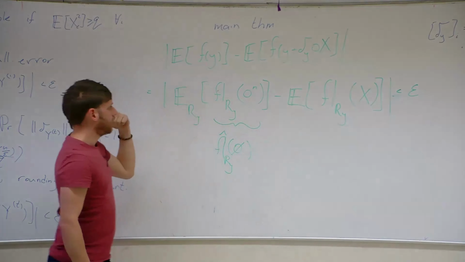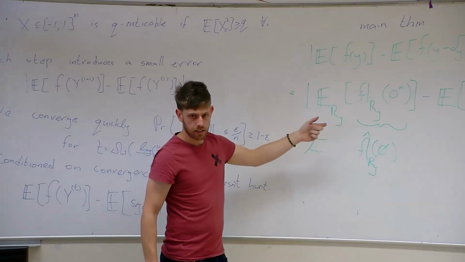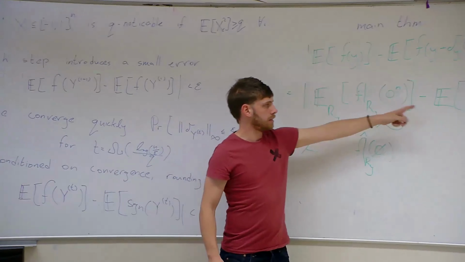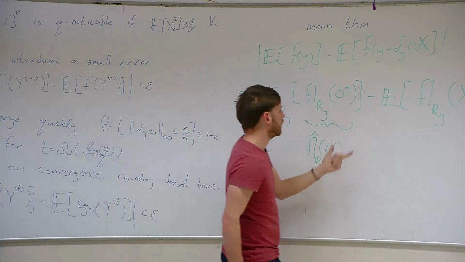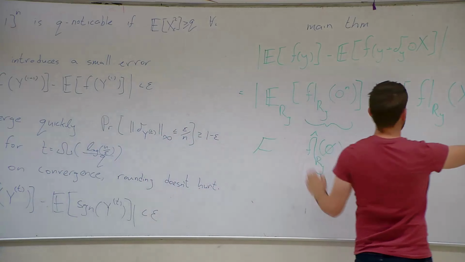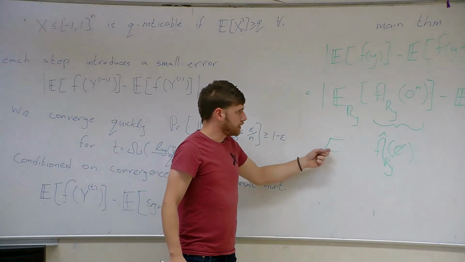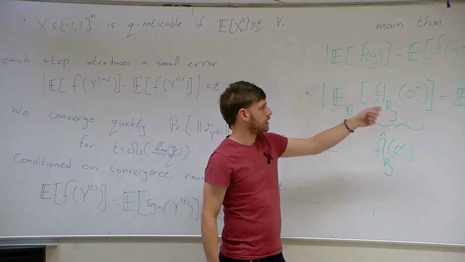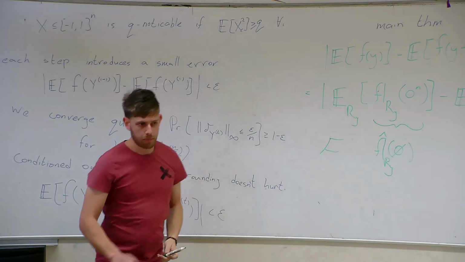As we said, the class f is closed under restrictions, and x fools f, so this must be smaller than epsilon. This is really the condition we need. This is actually a little weaker than f being closed under restrictions. We need that on average, x fools f on random restrictions.